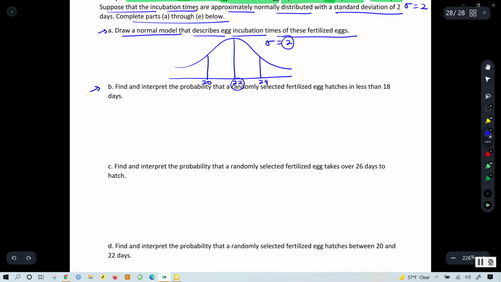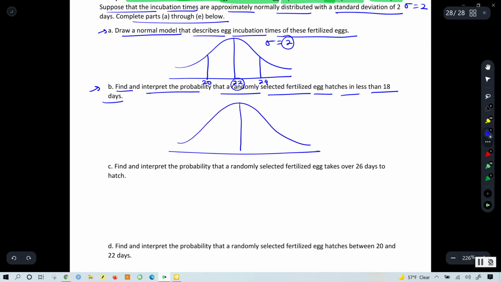Then question B. Find and interpret the probability that a randomly selected fertilized egg hatches in less than 18 days. So I'll draw the distribution, locate the number 22, and I want the probability that x, the number of days it takes to hatch, is less than 18. So I will locate 18 and shade the region less than 18.